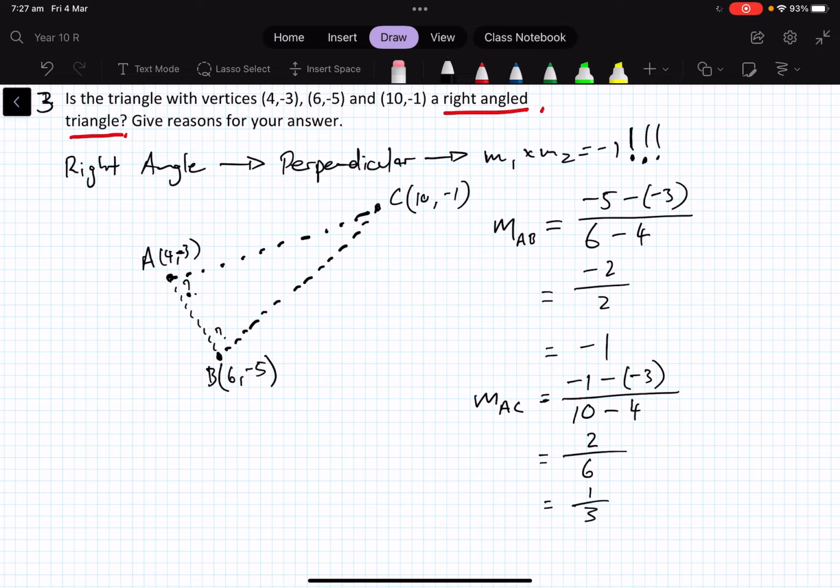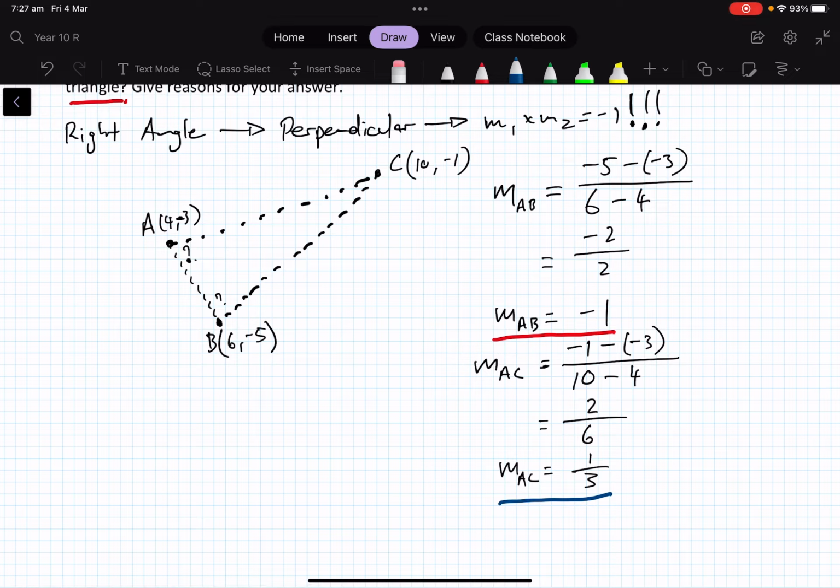Okay, so here we have m_AB, here we have m_AC. The question is, are they perpendicular? This is my first one. This is my second one. Would those 2 multiplied together give me -1? Well, I think the answer is fairly obvious in this case. The answer is no, because -1 times 1/3 is -1/3. So that's not going to work.